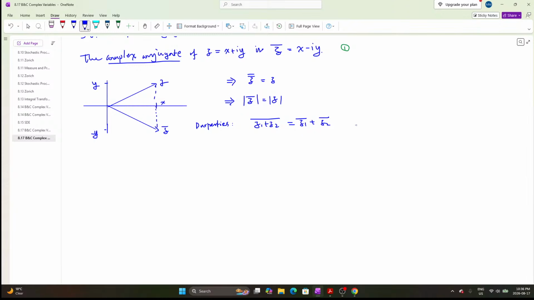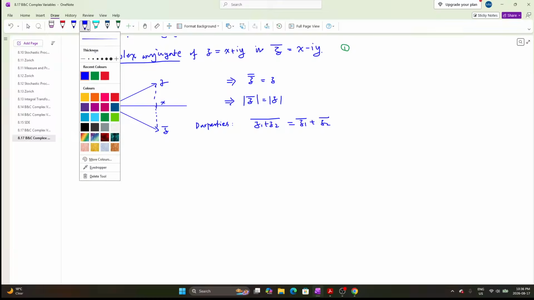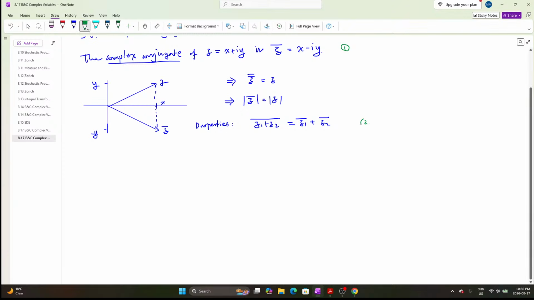And the proof is very simple. Let's just write it on the side. This is equation 2, and the proof of 2 is very simple. Let z1 equals x1 plus iy1, and z2 equals x2 plus iy2.